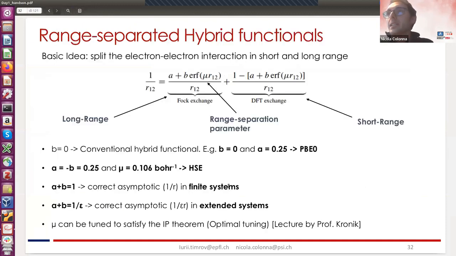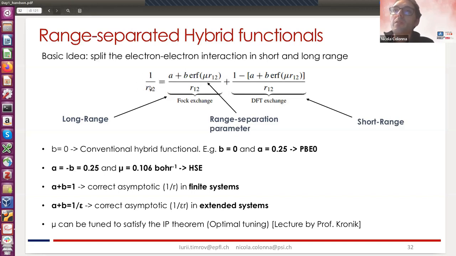And again, here is just a brief summary of what Professor Kronig showed this morning: the next step in this very promising and active field of hybrid functionals was to introduce range-separated hybrid functionals. Now you should be familiar with this.